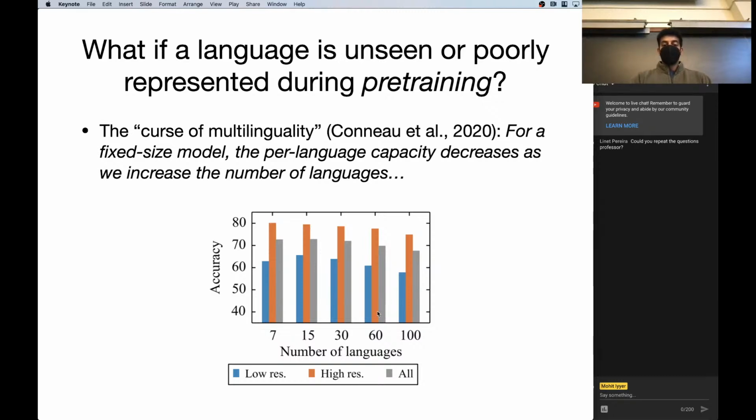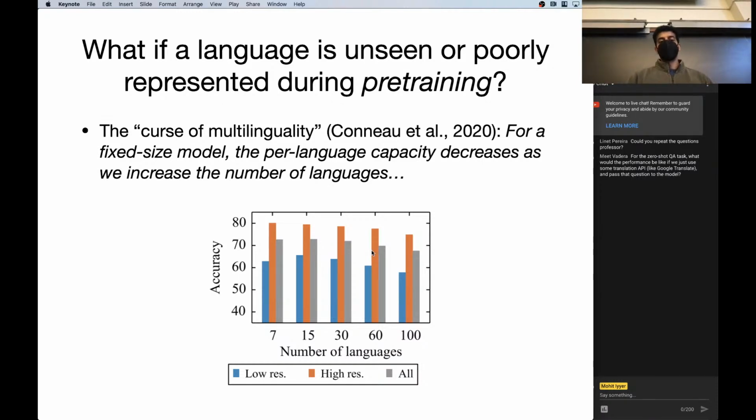When we go from 7 to 100 languages, the low resource performance goes down, which is interesting because we might hope that adding more and more languages will allow transfer from more and more directions into the particular low resource language. Also, the performance on the high resource languages drops. So both of these things drop, which is obviously undesirable.